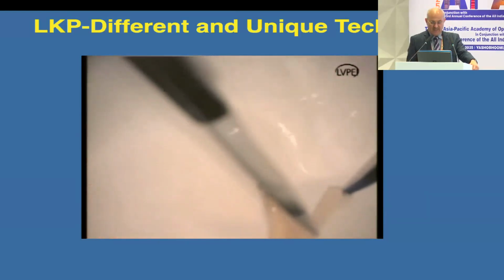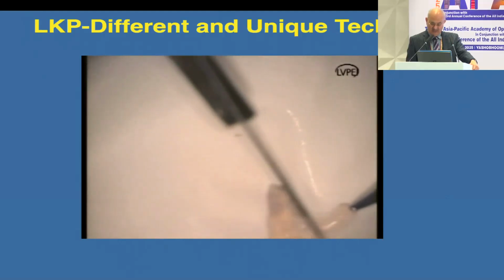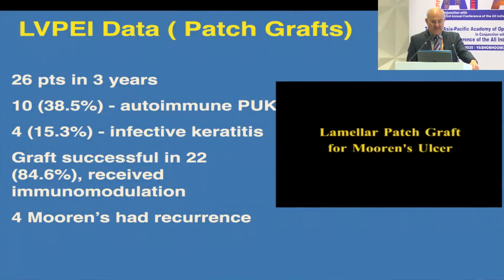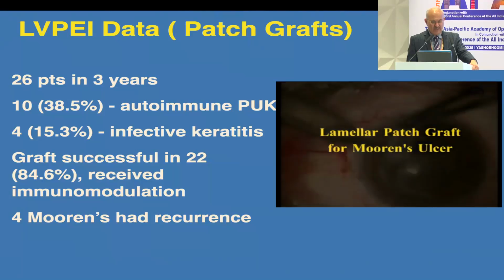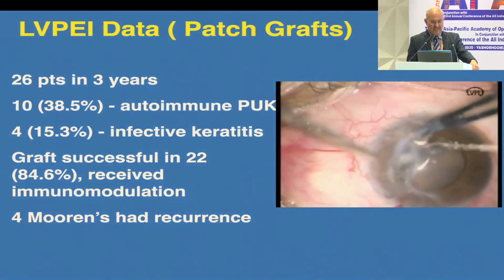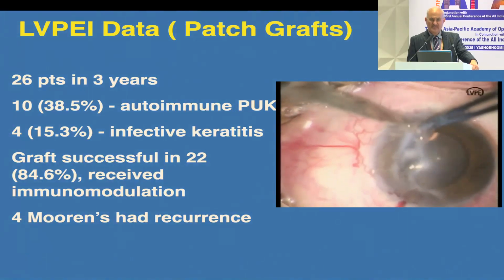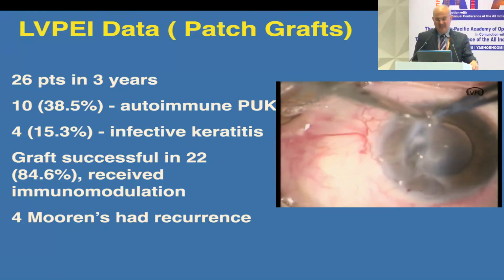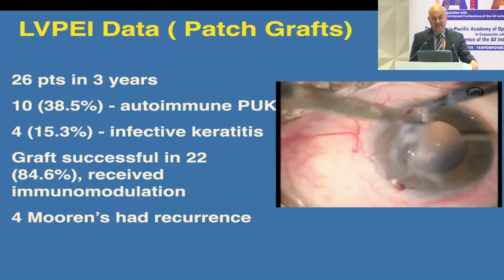So you do lamellar dissection depending on the thinning that you notice. These are a very small number of patients that we looked at for patch graft in LVP at that time. And if you use systemic immunosuppression, the outcome of these surgeries is not that bad.